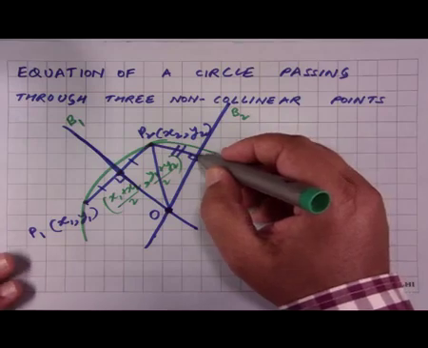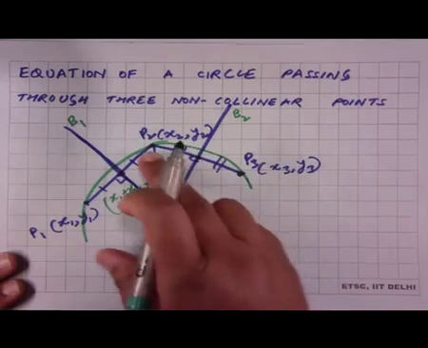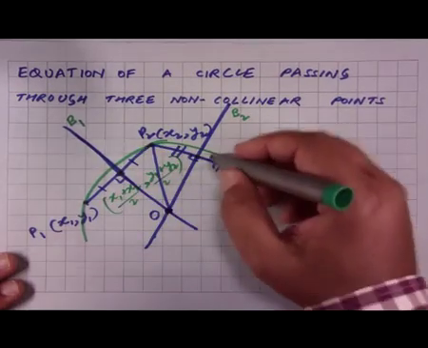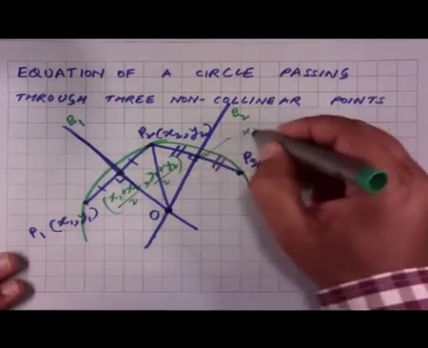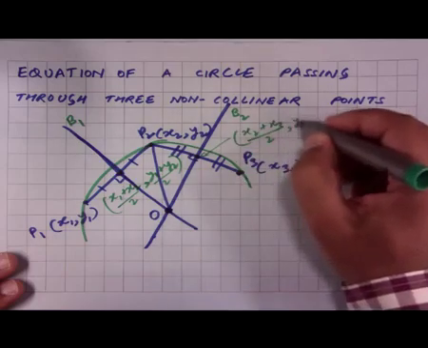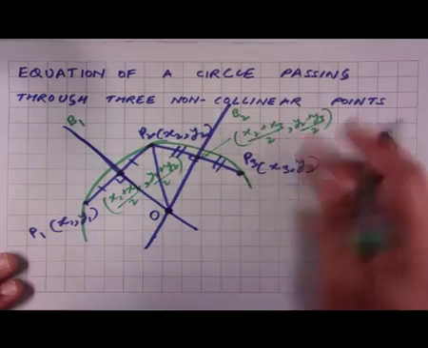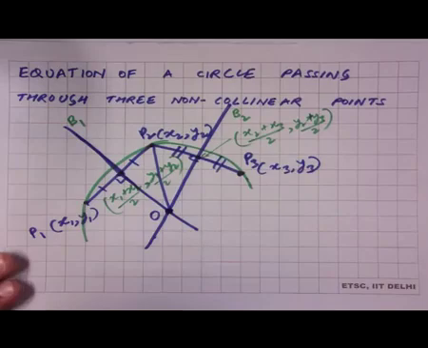Similarly, the coordinates of this midpoint of this other chord P2 P3 is x2 plus x3 over 2 and y2 plus y3 over 2.